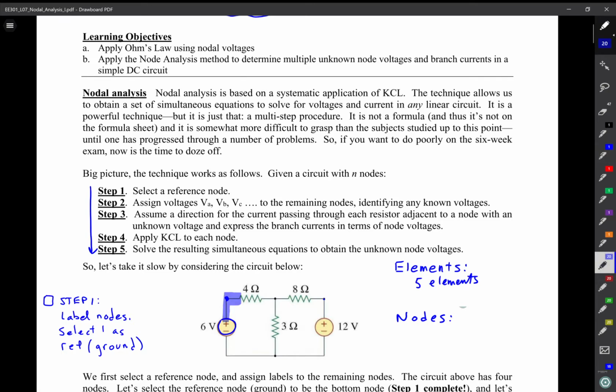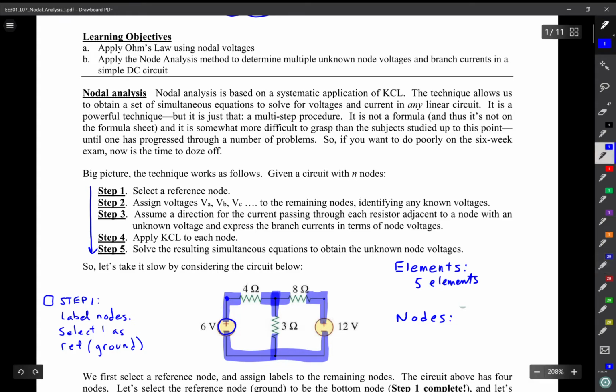I also have a connection between the 4, 3, and the 8 ohm resistors, and I'll label that here, and that's another node. I also have one between the 8 ohm resistor and the 12 volt voltage source. And finally, I have a connection all the way down here at the bottom between the 2 voltage sources and the 3 ohm resistor. So the total number of nodes we have is 4. One of them we'll define as ground.